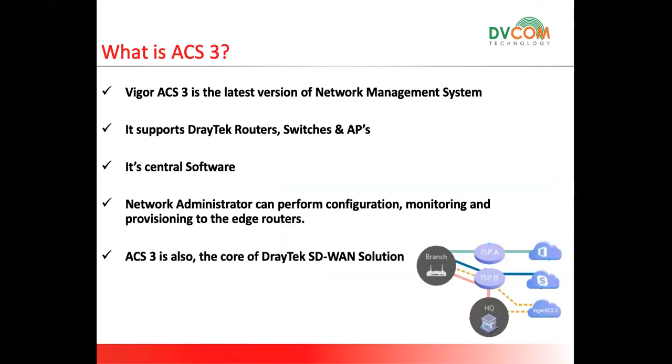The network administrator can perform configuration, monitoring, and provisioning to the edge routers. ACS 3 is also the core of the DrayTek SD-WAN solution. By using ACS, we can do configuration, monitoring, and provisioning for your edge devices, like your DrayTek routers, switches, and wireless access points.